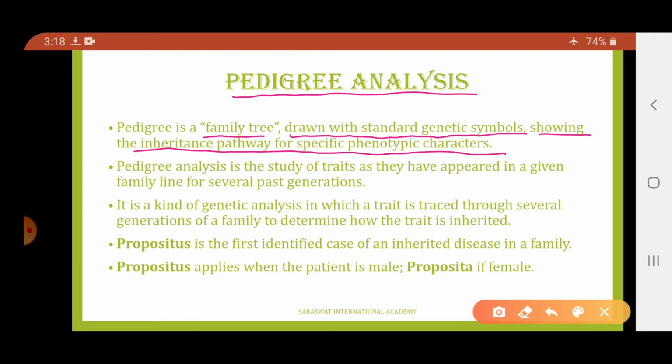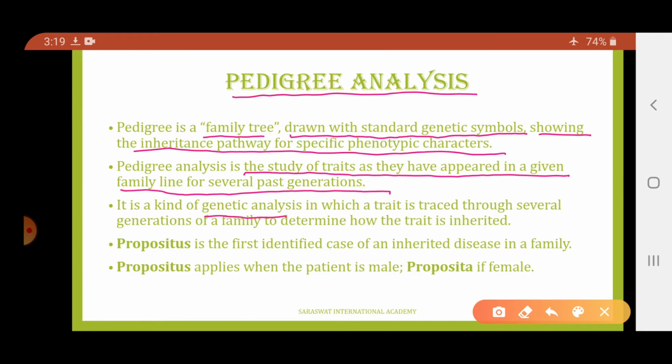With the help of those symbols, we can see the inheritance pattern of certain phenotypic characters. It is the study of the traits as they have appeared in a given family line for several past generations. How a particular trait has appeared in the family through several generations can be studied through pedigree analysis.